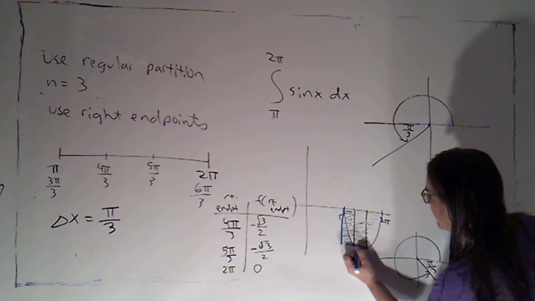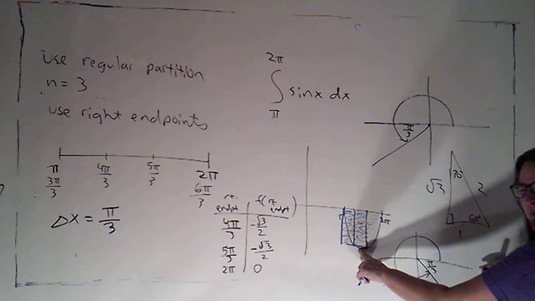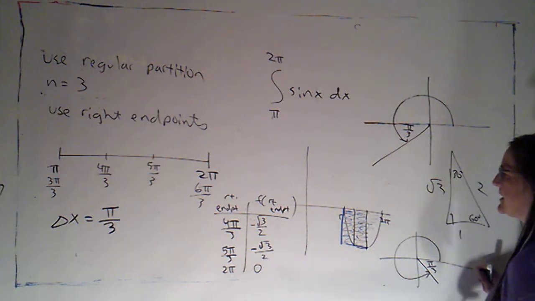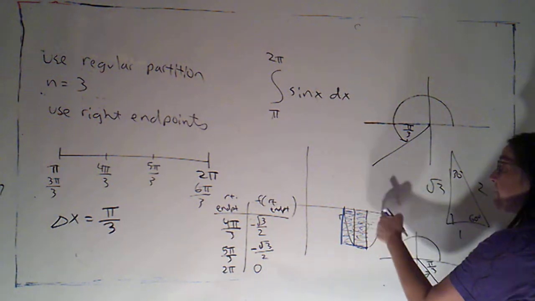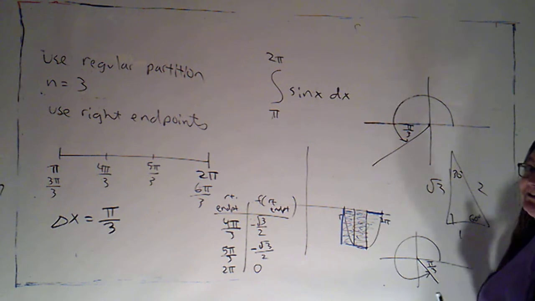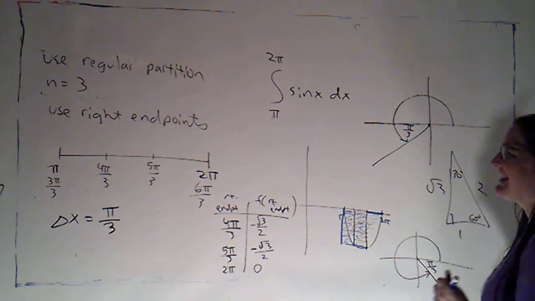Here's the height there. I'm going to extend that over the interval. Looks like we're missing just a little bit of negative area, because the low point would be at pi over 2, which is in between those endpoints. And then third interval, here's 2 pi. Ooh, there we're missing a lot of negative area. We're getting a degenerate rectangle in that case.